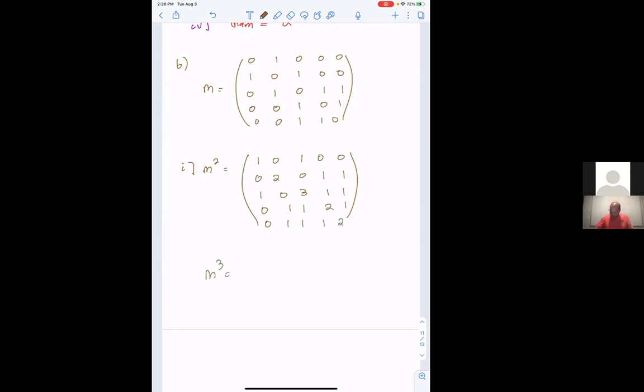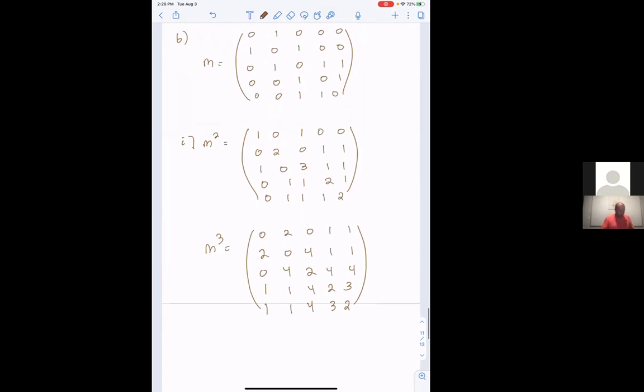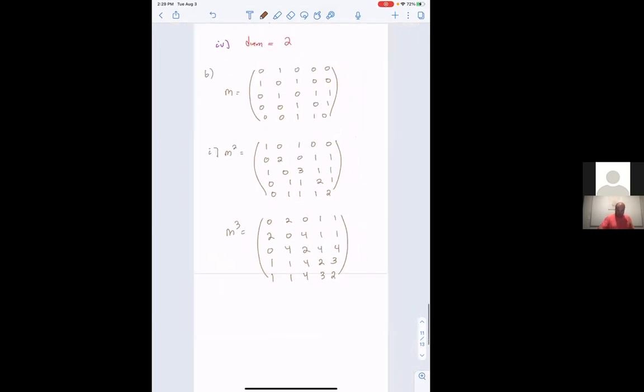Meanwhile, matrix G to the 3rd power is 0, 2, 0, 1, 1, 2, 0, 4, 1, 1, 0, 4, 2, 4, 4, 1, 1, 4, 2, 3, 1, 1, 4, 3, 2. So let's go in order here. So that was part I, m squared and n cubed.